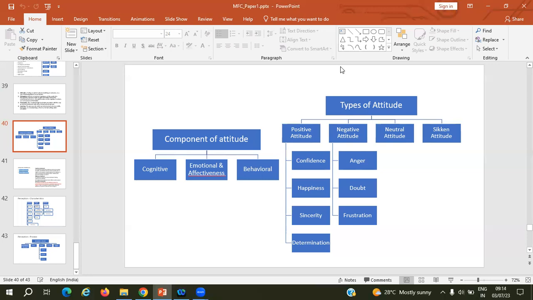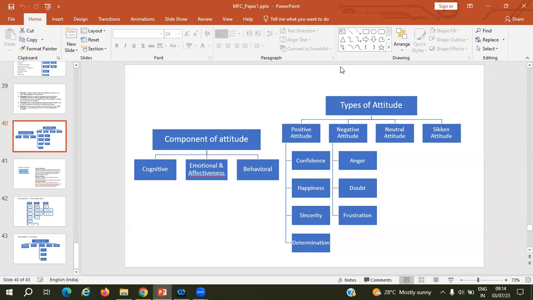Positive attitude, negative attitude, neutral attitude, second attitude. All the positive qualities belong to positive attitude. Suppose confidence, self-confidence, happiness, sincerity, determination, truthfulness, all these positive signs.